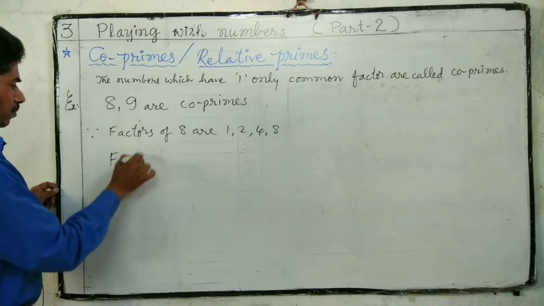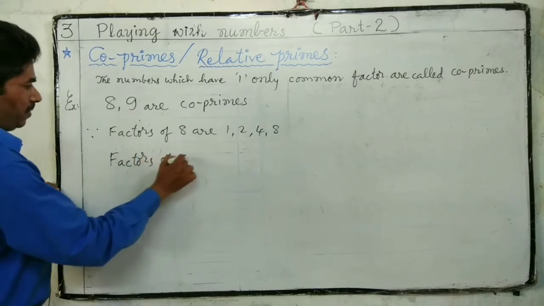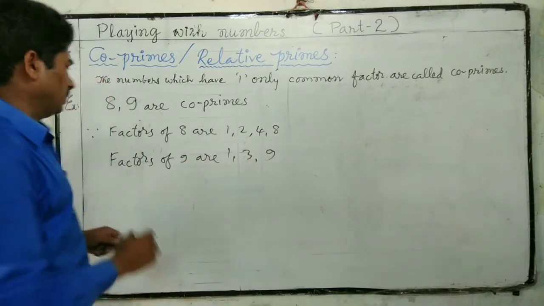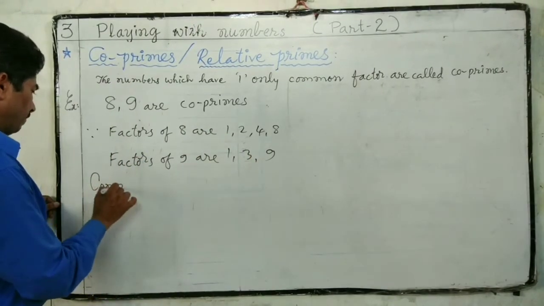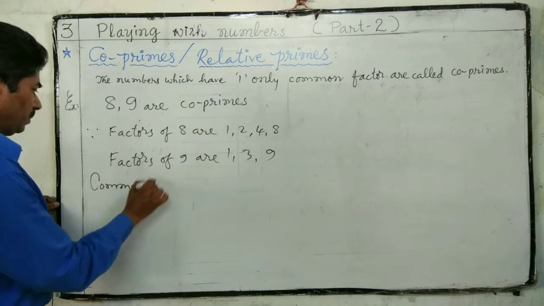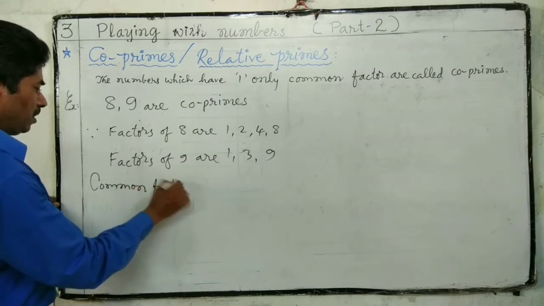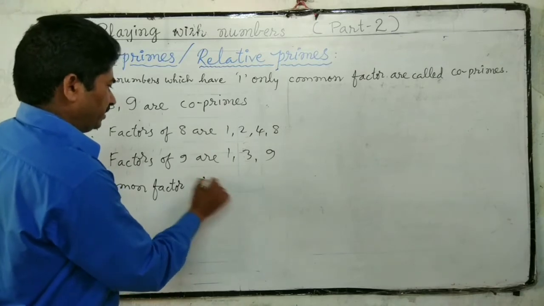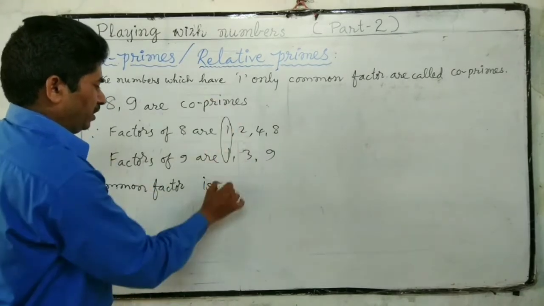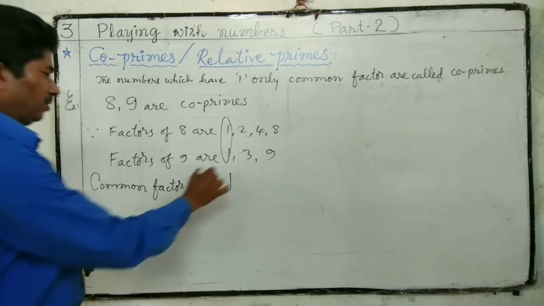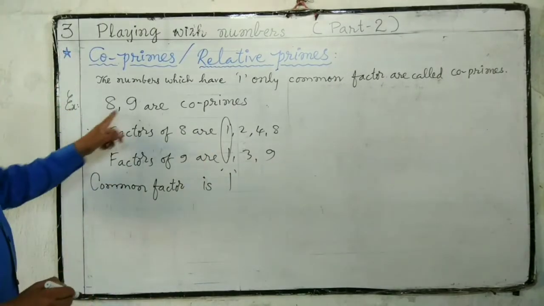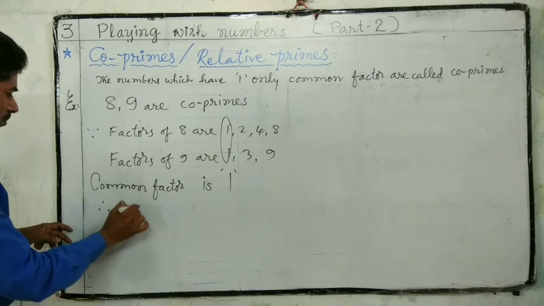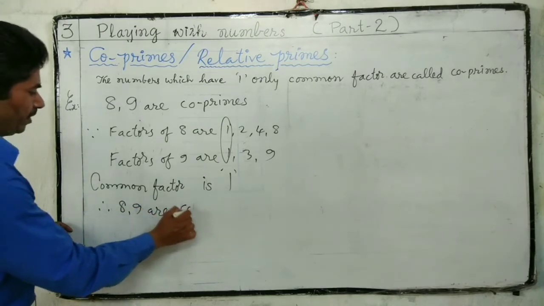Factors of 9 are 1, 3, 9. The common factor is 1 only. Therefore 8 and 9 are co-primes.